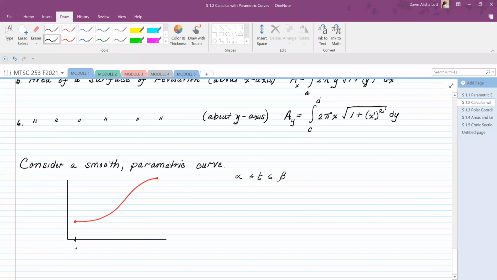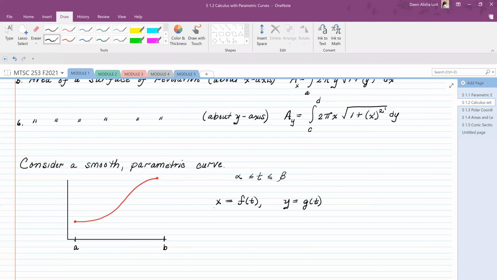This is my point A, and right here is my point B. So I'm going to have x is equal to some function of t, and y is also now going to be g of t. And t is going to go between alpha and beta.